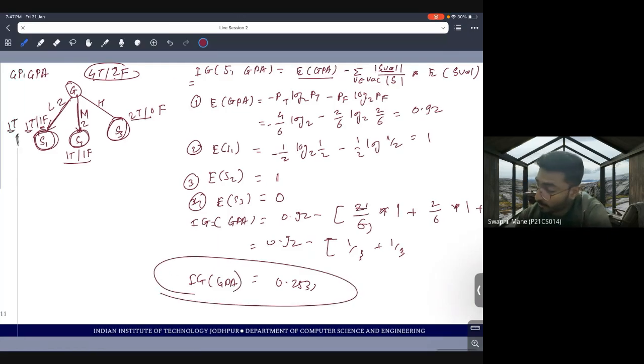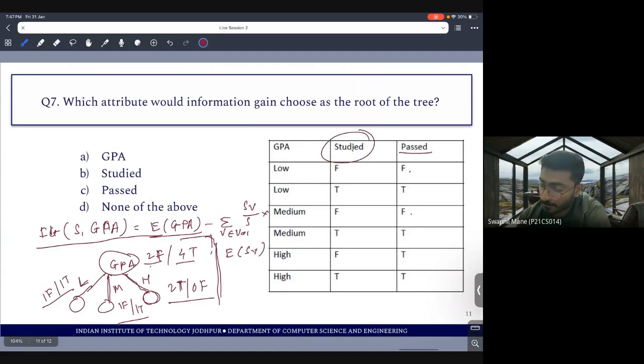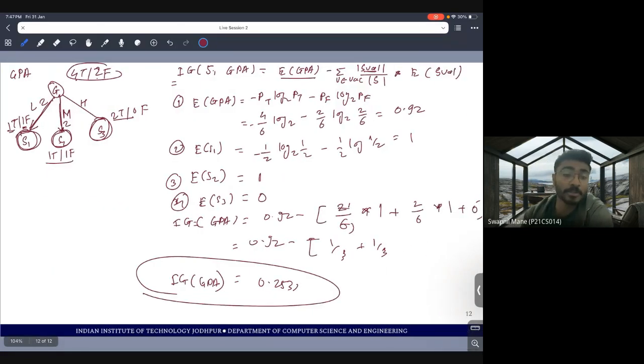Can you please calculate for the other attribute, that is studied? We need to calculate for each attribute, and the attribute that has the higher information gain, based on that we need to select it as the root node to split first. Everyone please try to calculate it yourself. I hope you understood the overall things here.